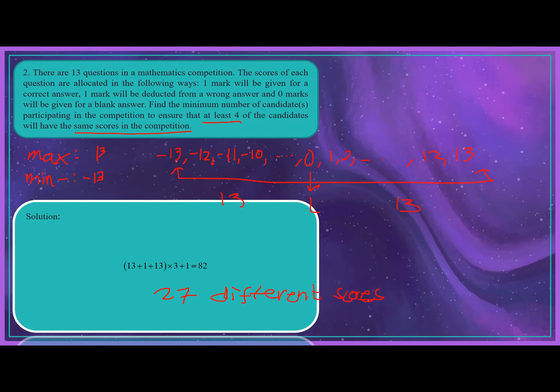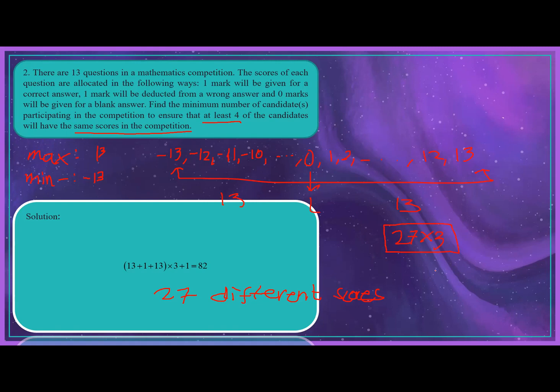Okay, so now we need to find the minimum number of candidates to ensure that at least 4 of the candidates will have the same score. So this means that we should have 27 times 3. Okay, this is for the number of candidates at the same scores with the equivalent of 3 candidates.